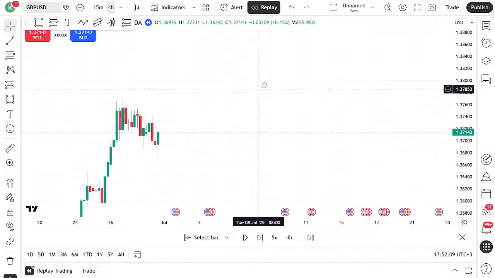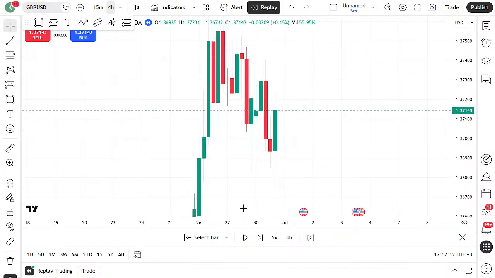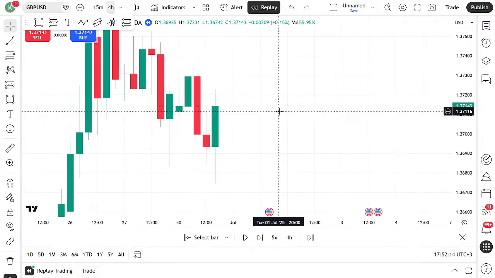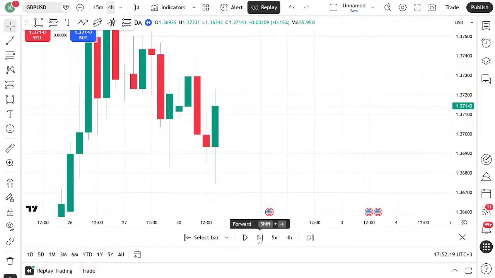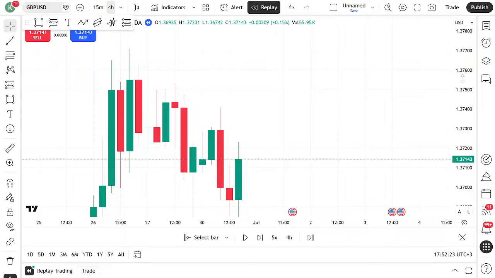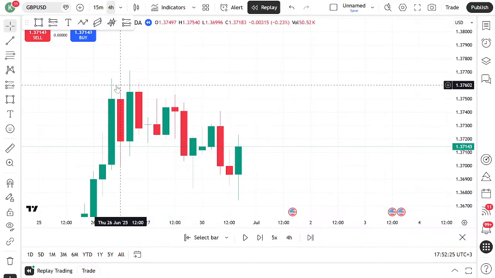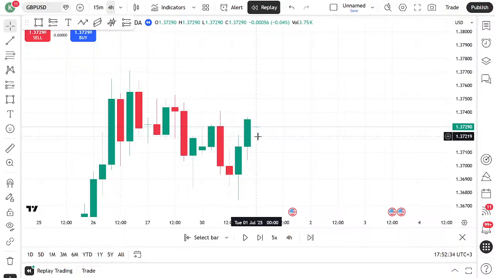In my trading style, I want to identify the main chart. We're going to use the 4H time frame, that is the 4-hour, and first of all we are going to mark.